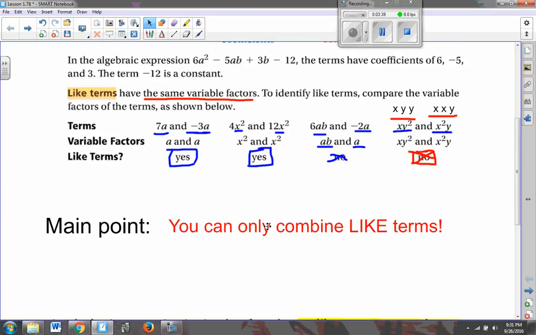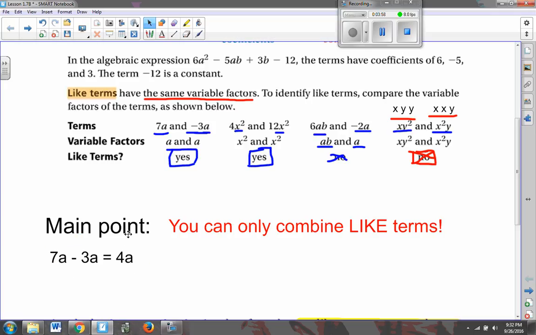The key for us with like terms is we can only combine terms that are alike. Meaning I can do 7a take away 3a, and that equals 4a, because I had 7 and I took away 3 and now I have 4 of them.